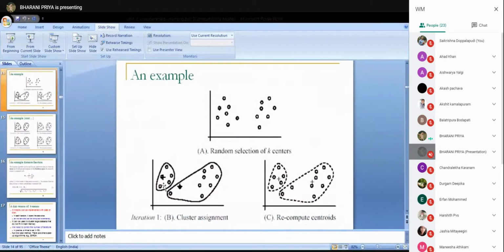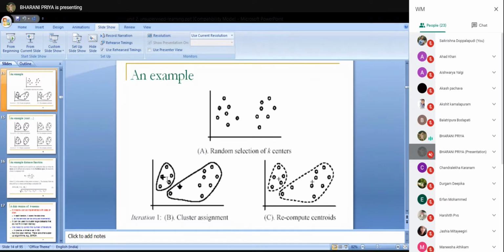See, now you are first selecting two data points randomly. K is equal to 2. And you are calculating the distance between each data point and these k values, and you are forming the clusters.